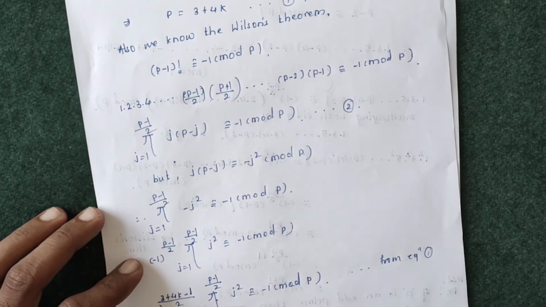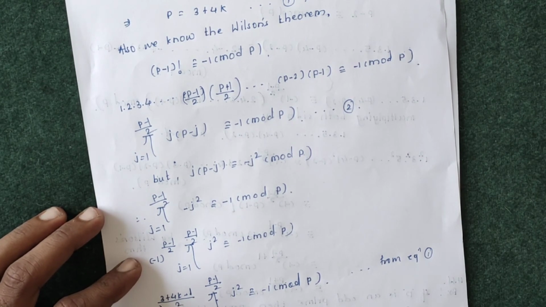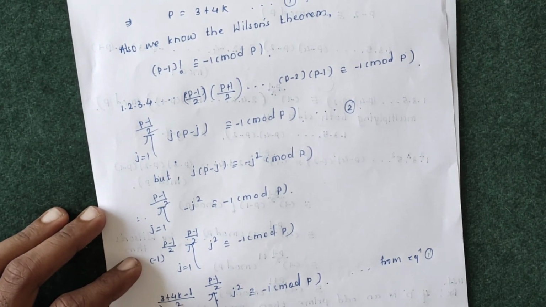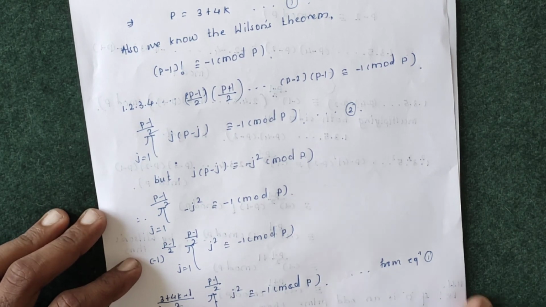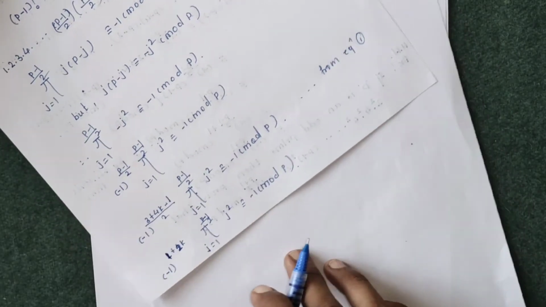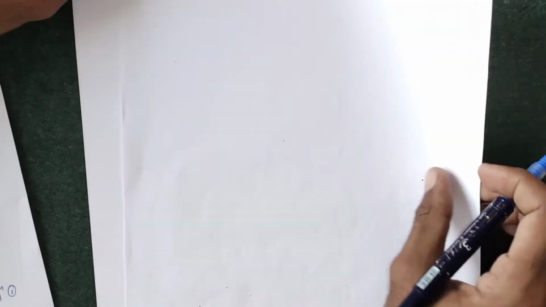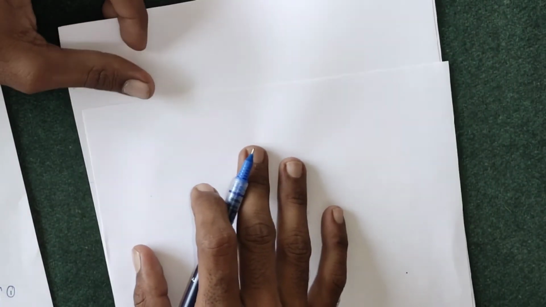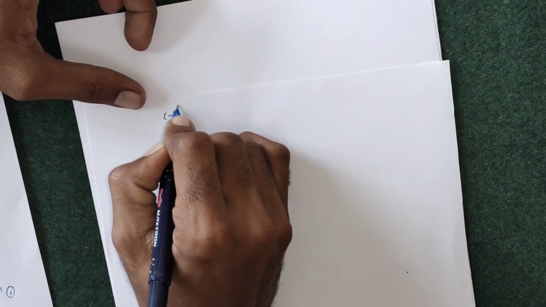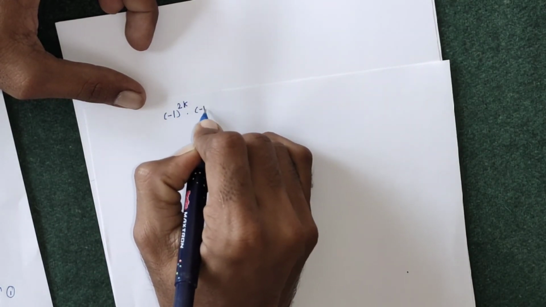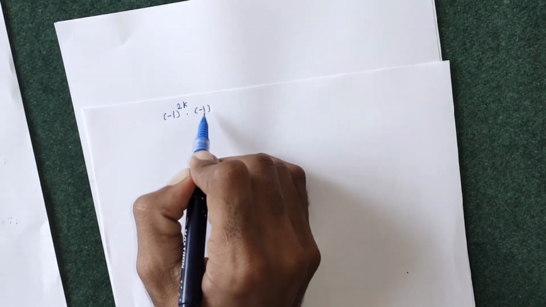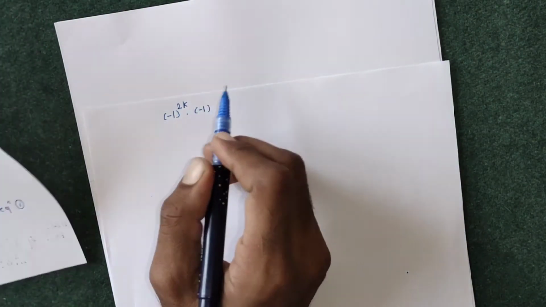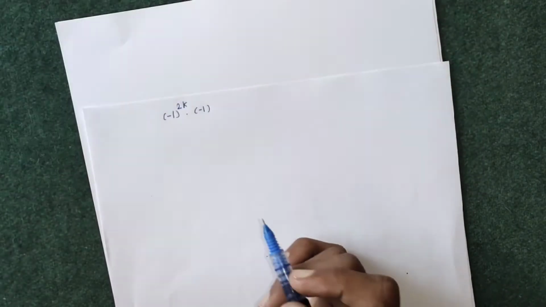So, now we can write (-1)^1 into (-1)^(2k), since this (-1)^(2k) into -1 is again (-1)^(2k+1), which is (-1)^(1+2k).